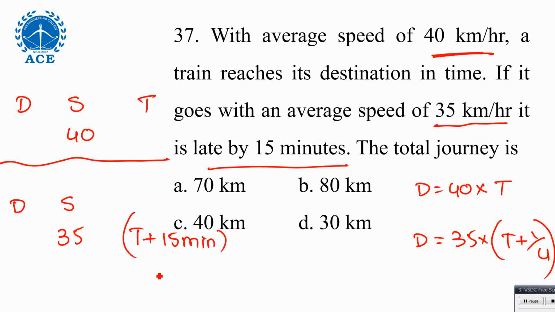If you want to convert 15 minutes into hours, divide by 60. Now, equating those two, you can find t, then you can calculate d. So, what's the answer? Equate those two, you will get t, then you can find d.